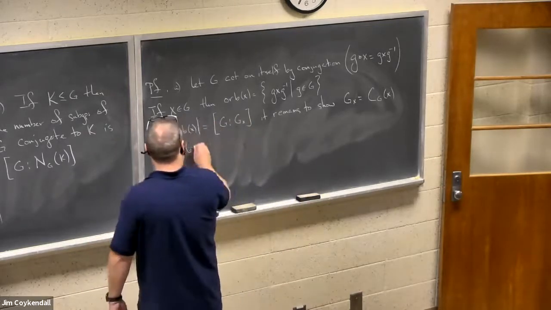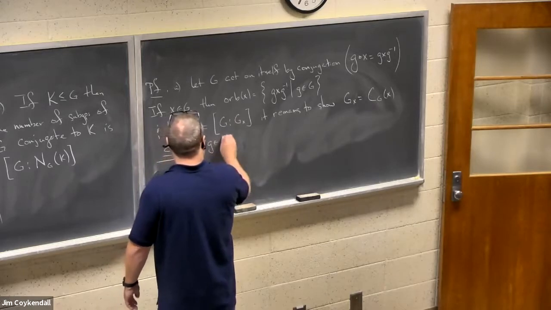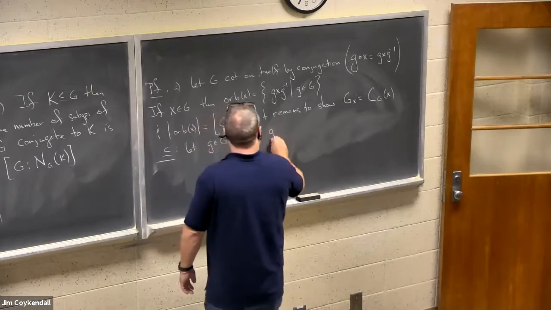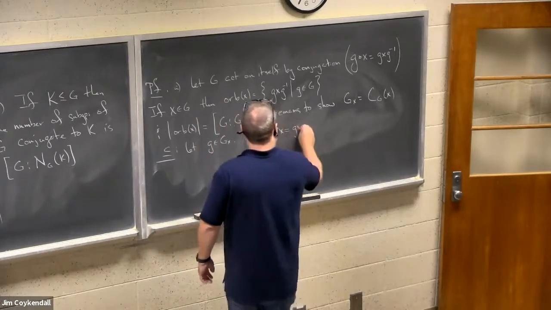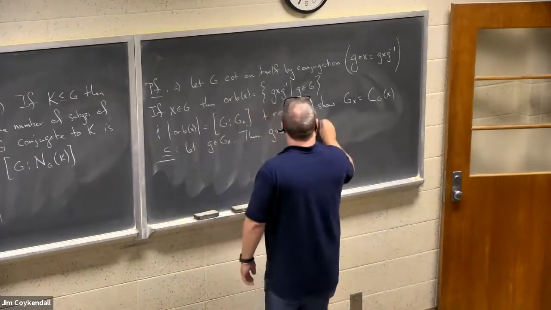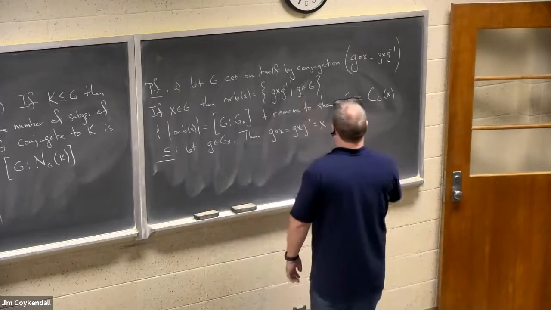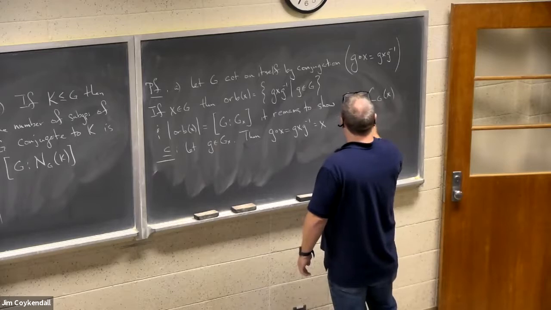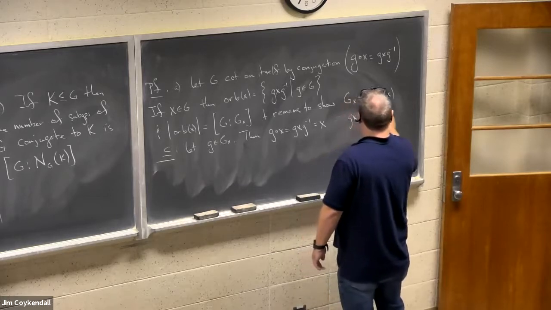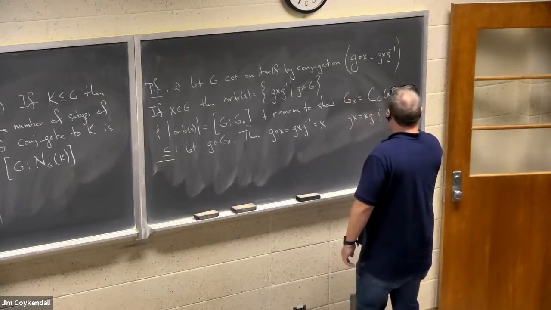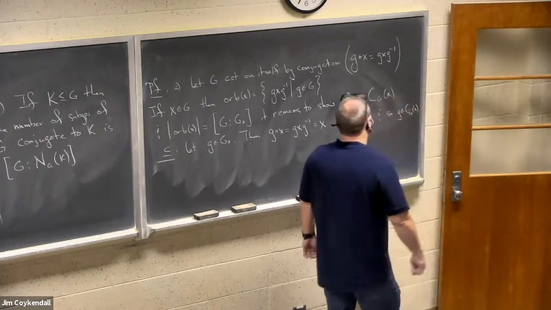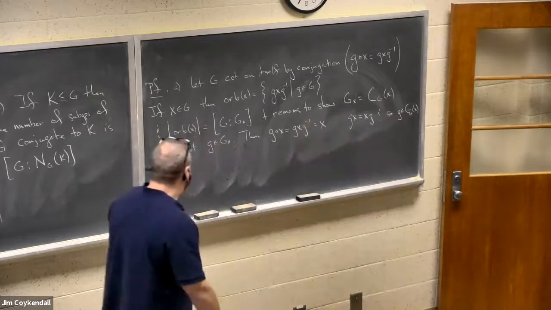Let g be in the stabilizer of x. Then g x g inverse equals x. Therefore, this means that gx equals xg, and so g is in the centralizer of x, because g commutes with x.